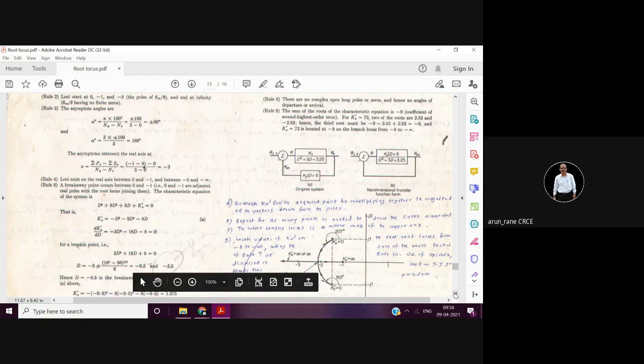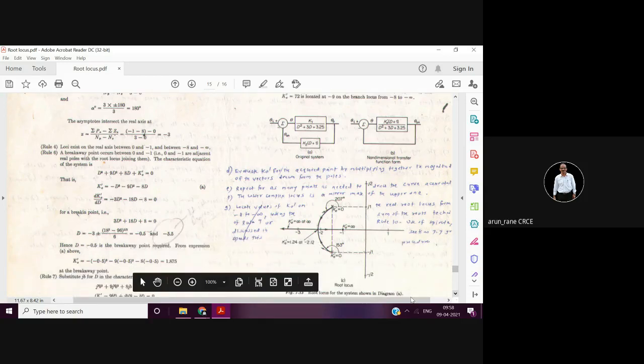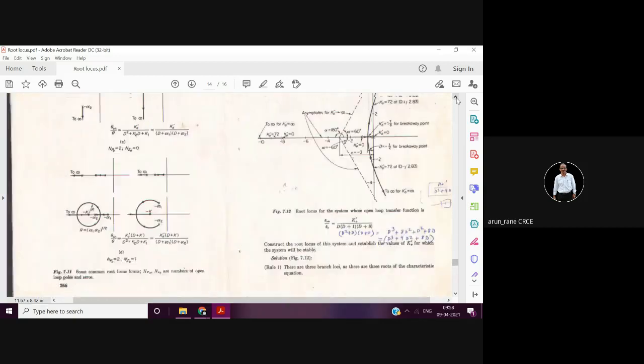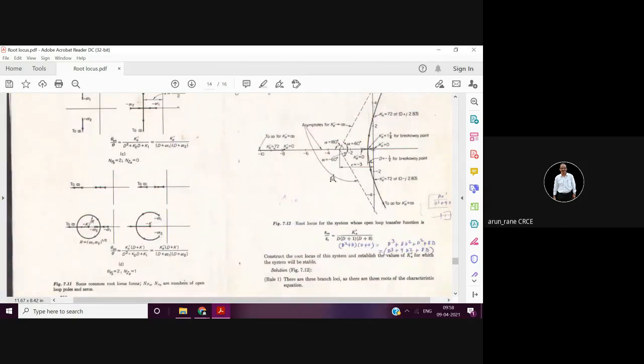So the values of d you got are minus 0.5 and minus 5.5. Minus 0.5 will be your breakaway point, and the next one, let us see, minus 5.5. Minus 0.5 is here, that is where your root locus is breaking.